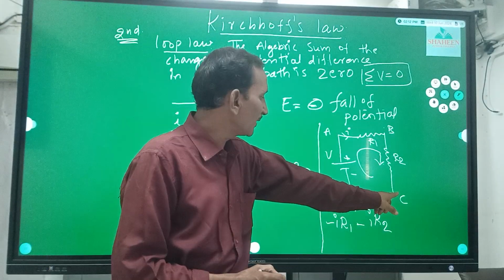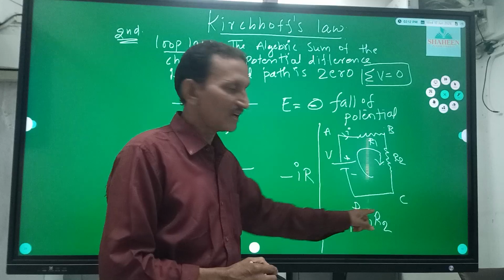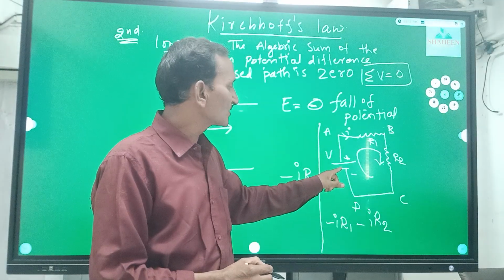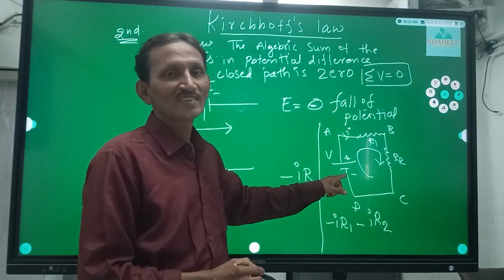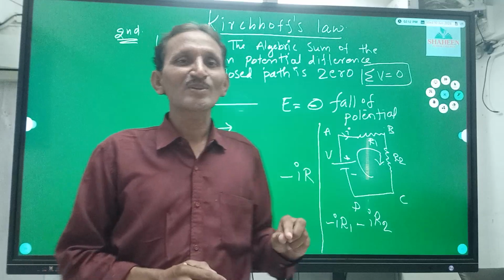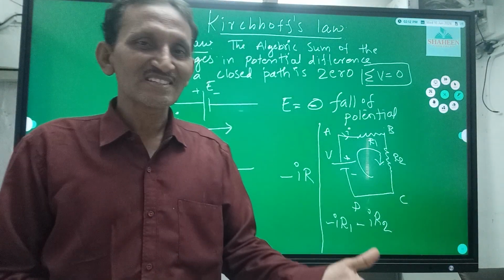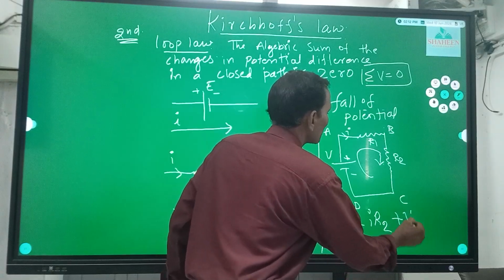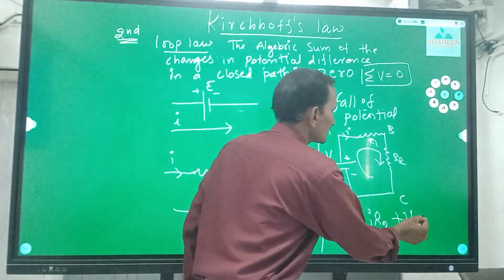Now come to point B, point C, along to point D, the path you are travelling, and here there is a negative sign. The approaching sign is negative, so you take the reverse, positive. So there is a positive potential V here, and it is equal to 0.